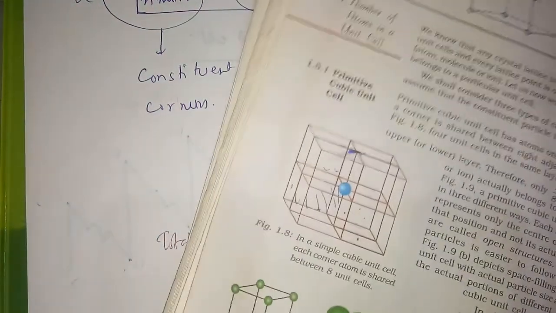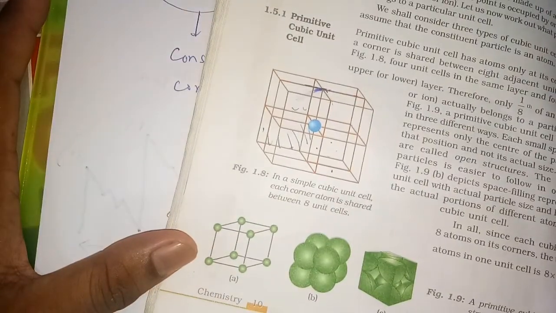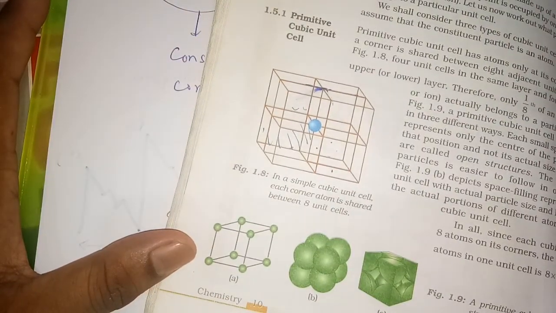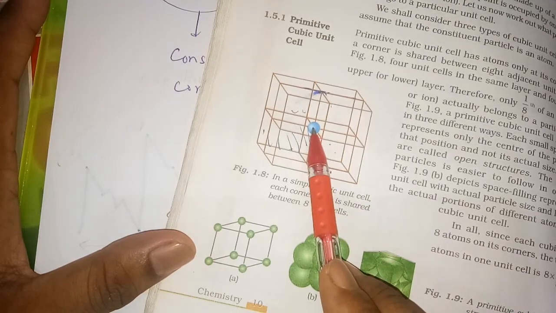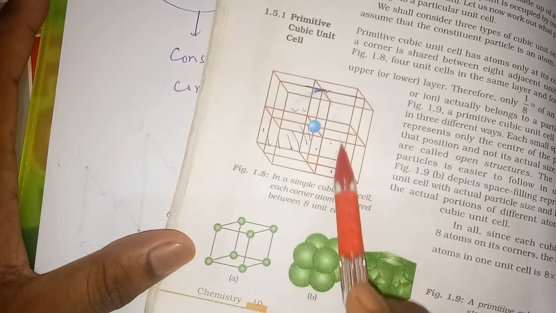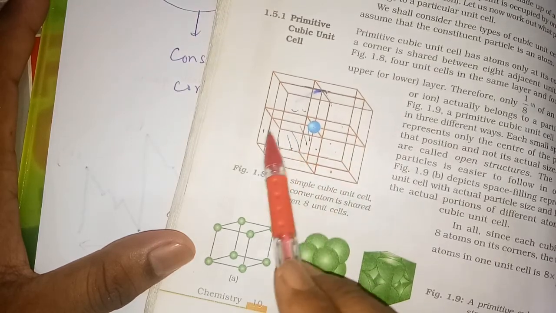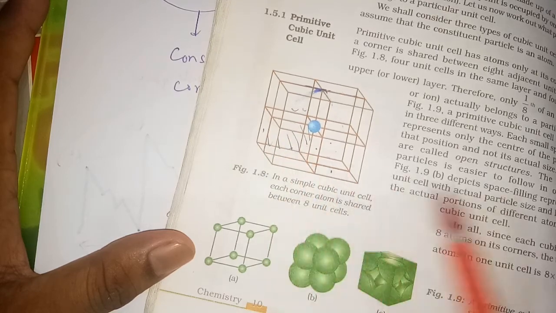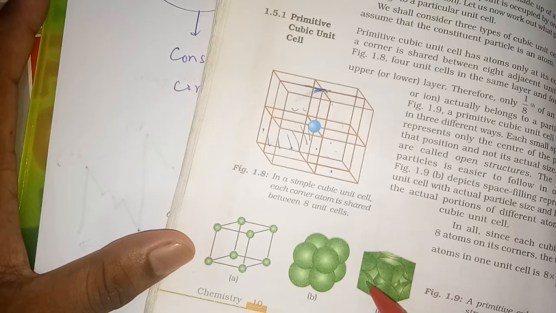That can be shown from the diagram of a book. If you consider these two diagrams, this one is actually surrounded by 1 cube, 2 cube, 3 cube, 4 cube, 5, 6, 7, 8 cubes. The portion in that particular cube is 1 by 8, 1 by 8, 1 by 8, 1 by 8, 1 by 8, 1 by 8, total 1.